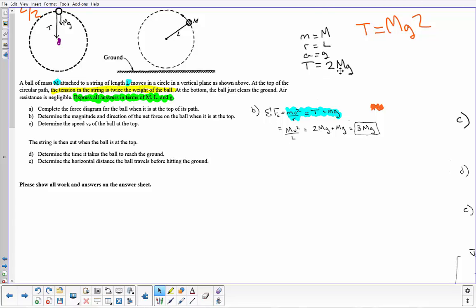Replaced T with 2mg. And replaced little mg with big Mg. Turns out that just adds right up to 3mg. So this first part right here, this wasn't necessary yet, but it helped for the future part.